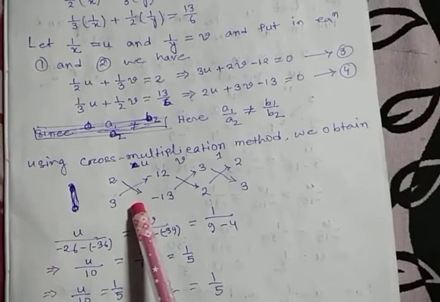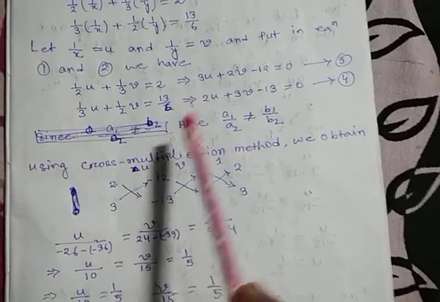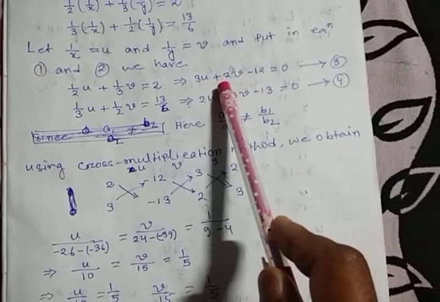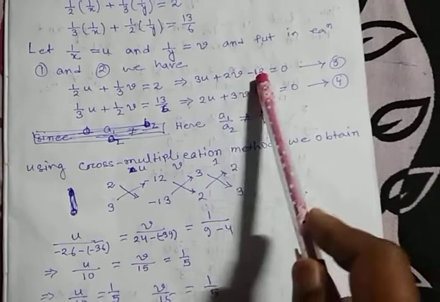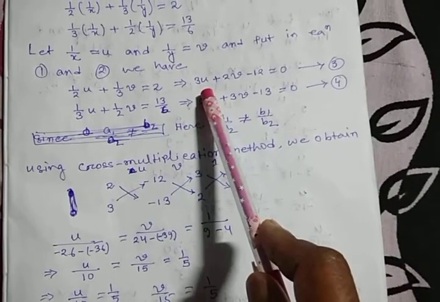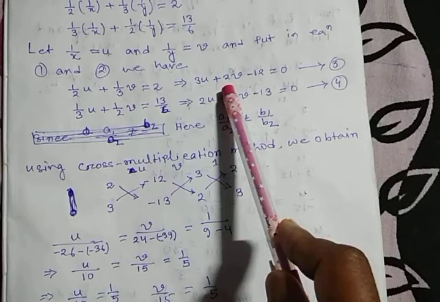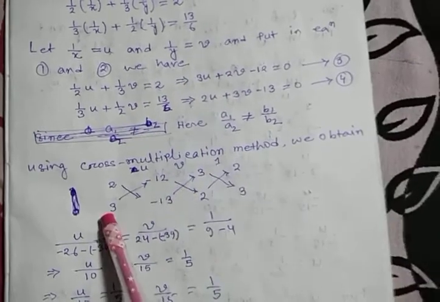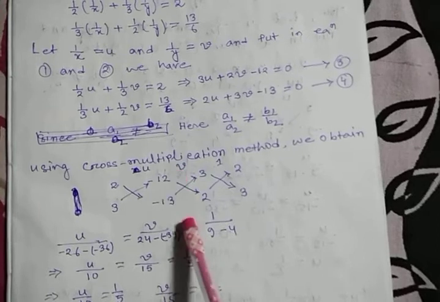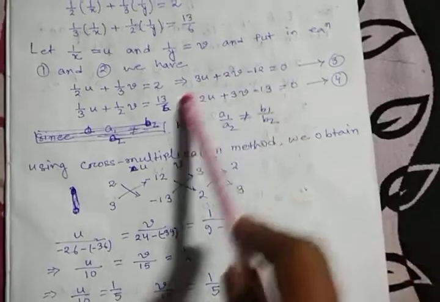First of all, we have to arrange the coefficients in this way. First we take the coefficient of v, then the constant, then the coefficient of u and the coefficient of v: 2, minus 12, 3 and 2, then 3, minus 13, 2 and 3.